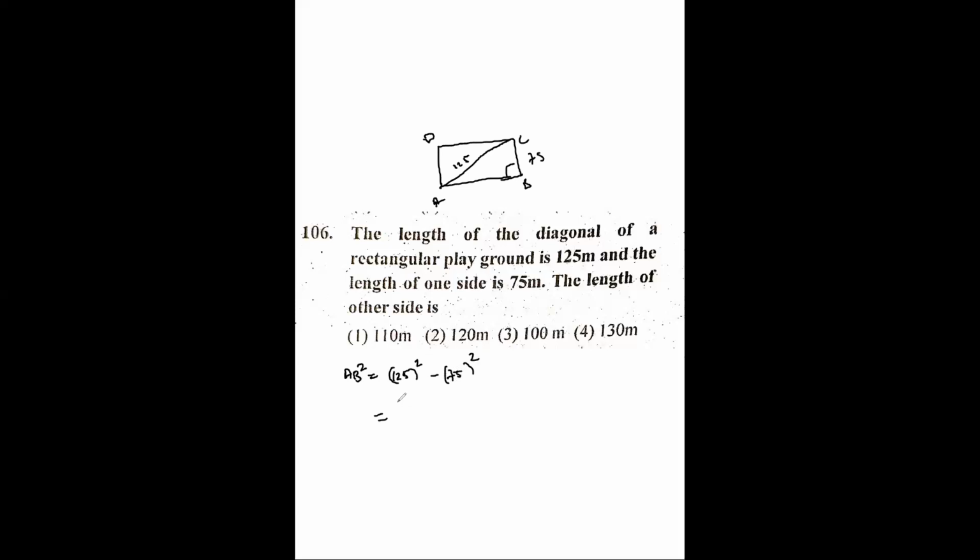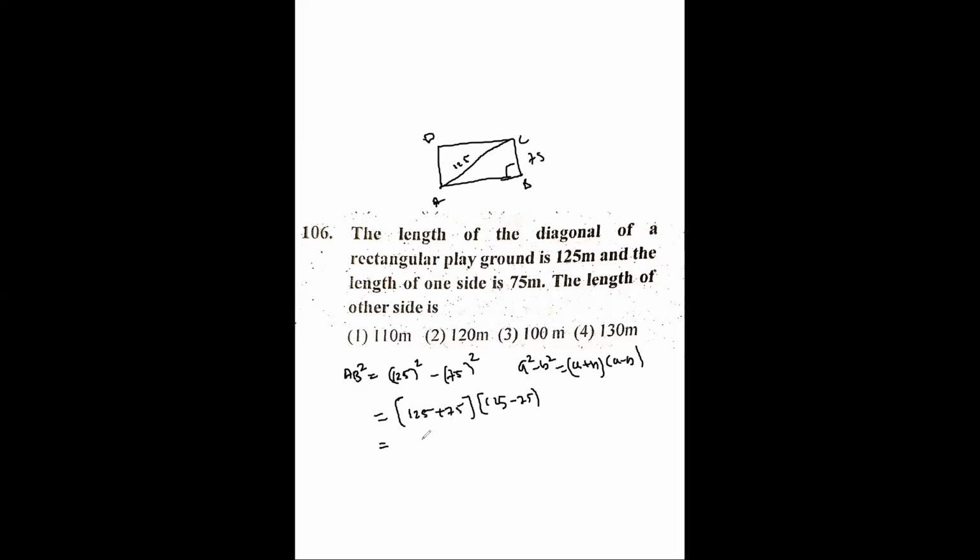So 125 and 75, it is in the form of a square minus b square. So directly you can apply the formula a plus b into a minus b, 125 plus 75 into 125 minus 75. Here we have used the formula a square minus b square is equal to a plus b into a minus b. So substituting the value of a and b.